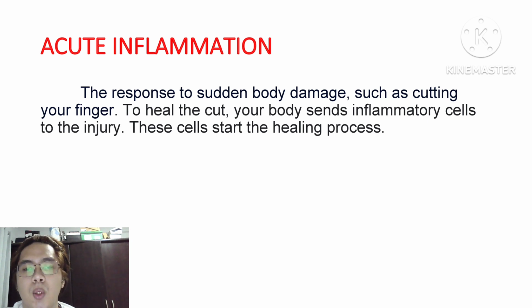In order to heal the cut, your body needs to send inflammatory cells to the injury, such as the immune cells that help locate the pathogens causing the inflammation, and that occurs in acute inflammation. The cells in this inflammation then slowly start the healing process.